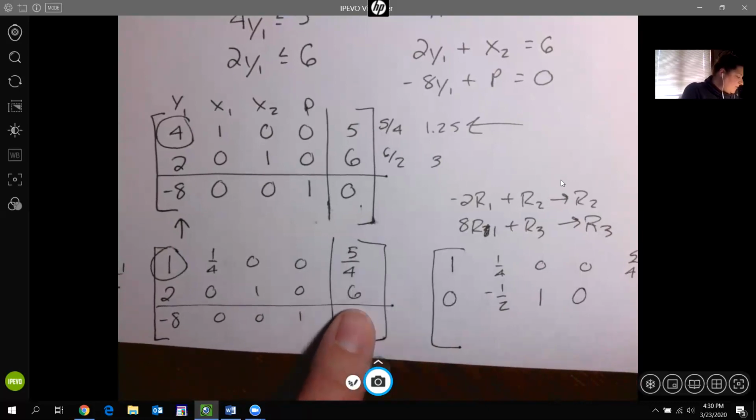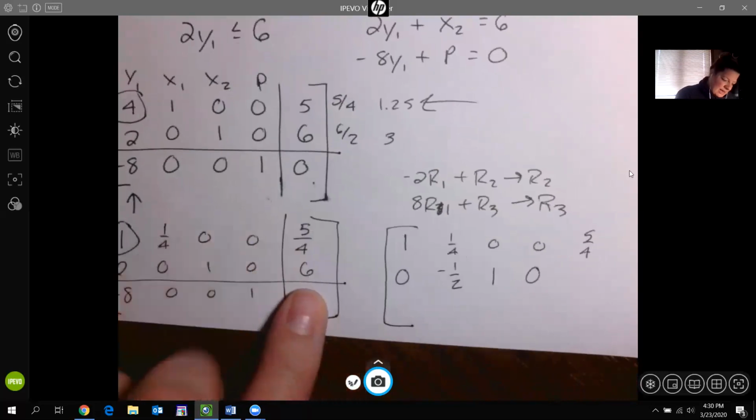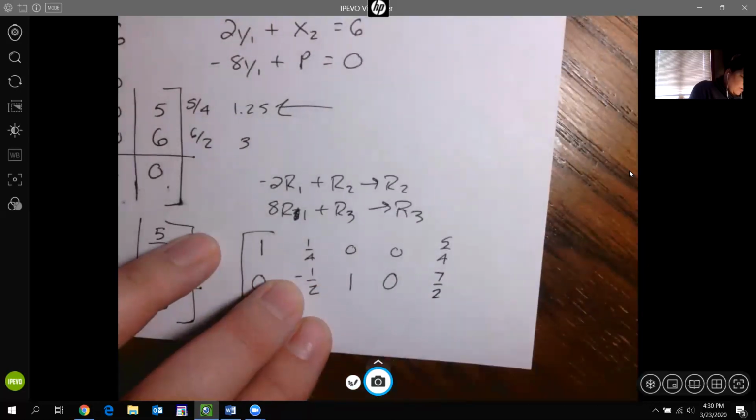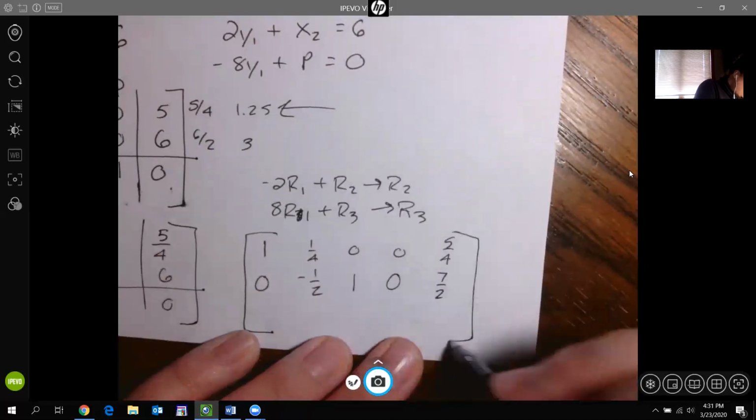So -10/4 plus 6 is going to give me 7/2. Okay, so now I got a 7/2 there.